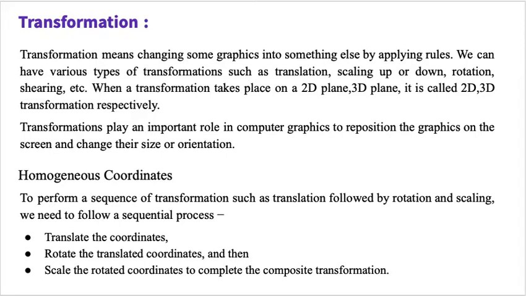Transformation means changing some graphics into something else by applying rules. Applying rules, we can have various types of transformation such as translation, scaling up or down, rotation, shearing, etc. When the transformation takes place on a 2D or 3D plane, it is called 2D or 3D transformation respectively.